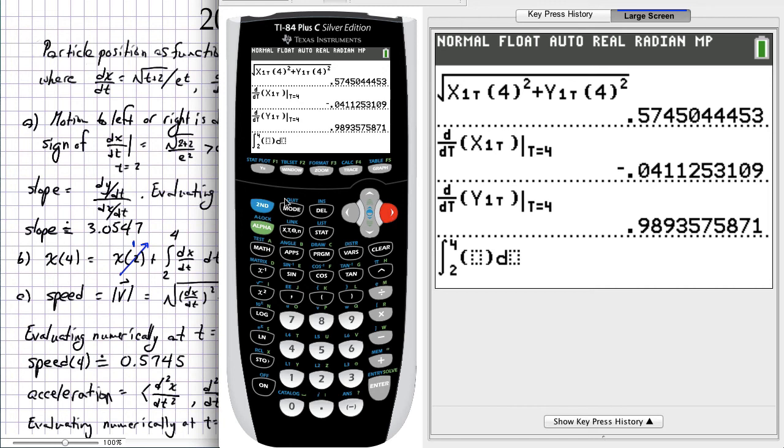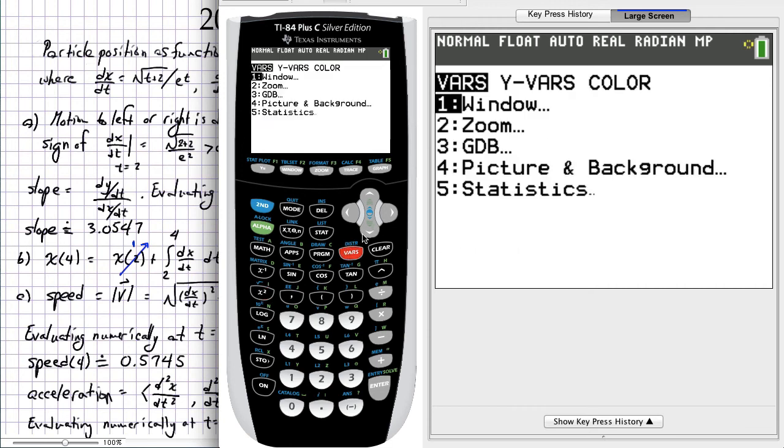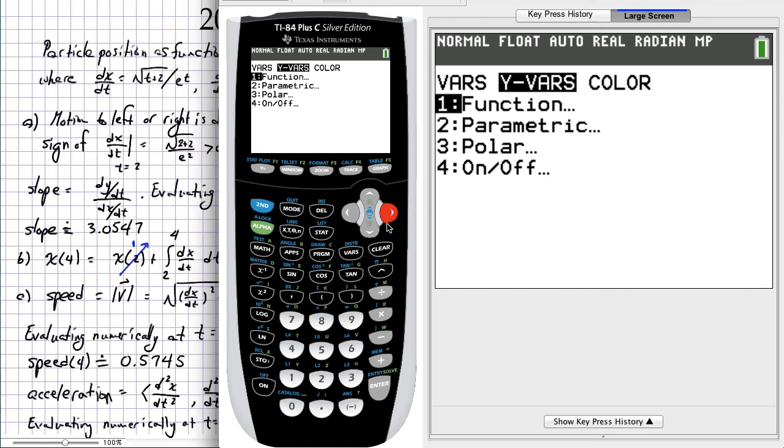Let's put that in. It's going to be the square root function, and we're going to do that for our y vars.